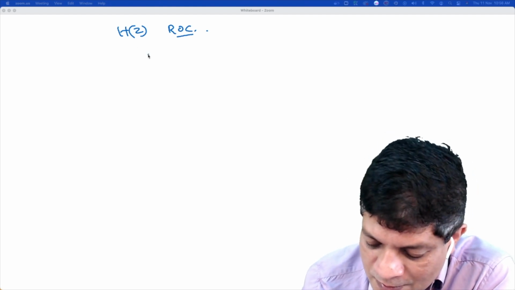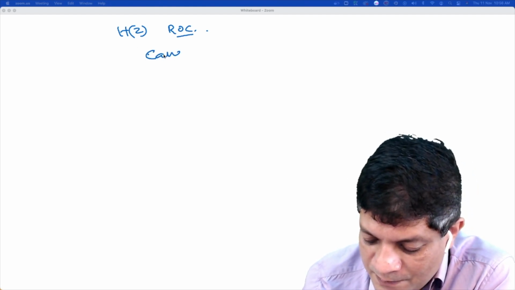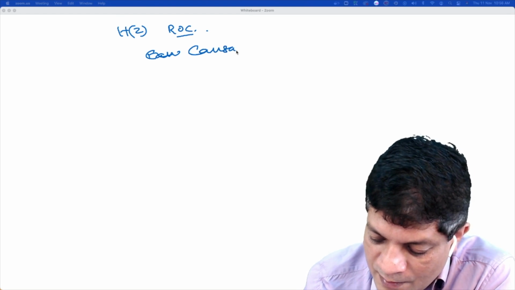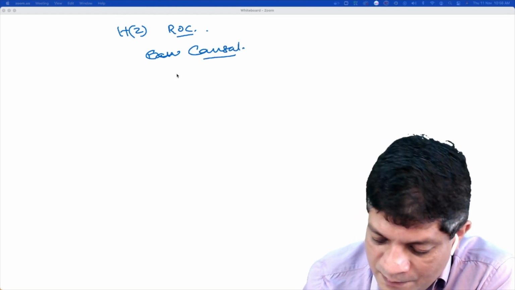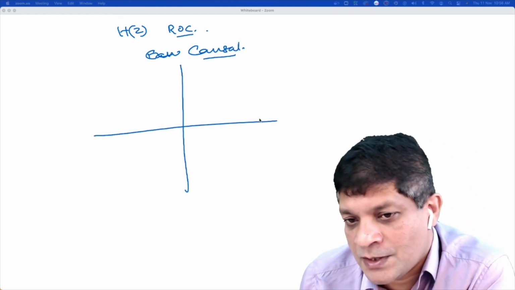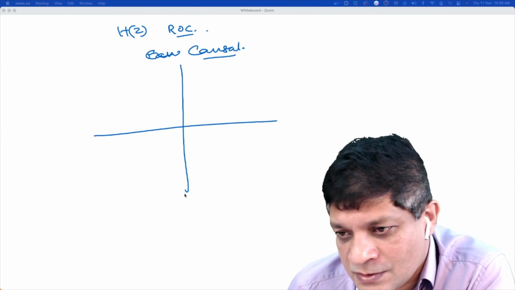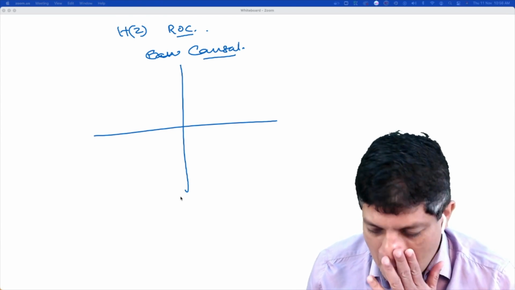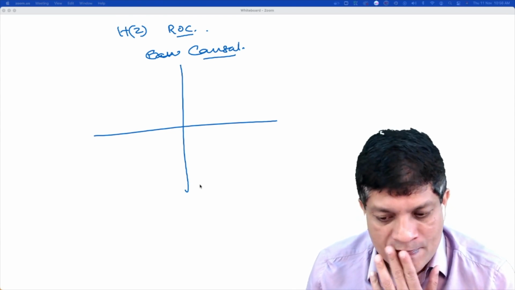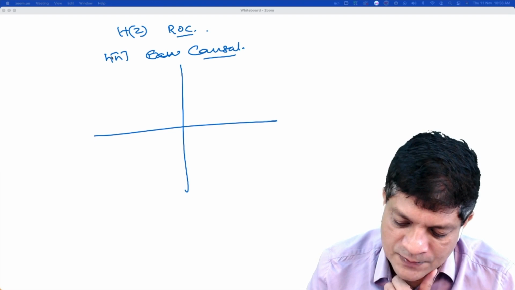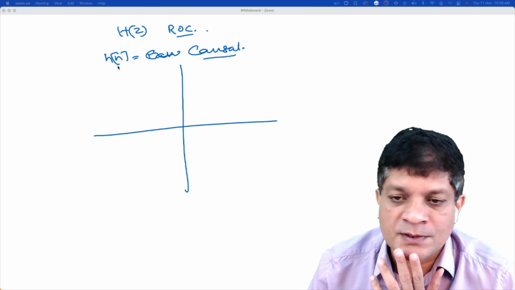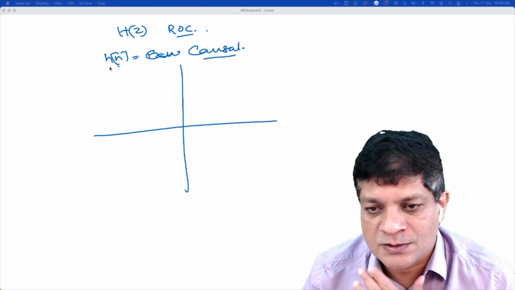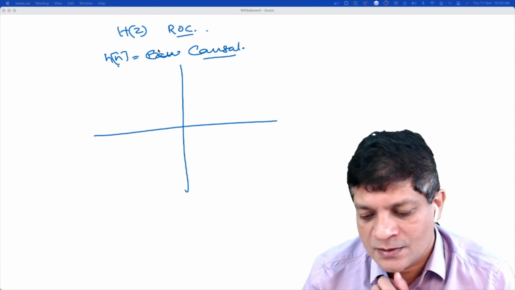Suppose the system is causal. What should be the shape of the ROC for a causal system? If h of n is the impulse response and it is a causal system, what type of signal is that?